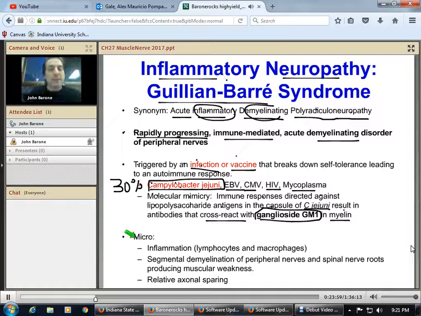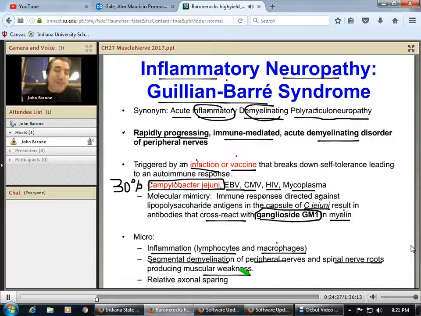Most cases are virus-induced. Now, under the microscope, this is an inflammatory neuropathy. So we expect to see inflammation with lots of lymphocytes, and then macrophages coming in to eat all the myelin when it dies. And you'll see segmental areas of demyelination of the peripheral nerves and the nerve roots as well. That's why the muscles are weak. The muscles are fine, but they don't work because the nerve doesn't work.